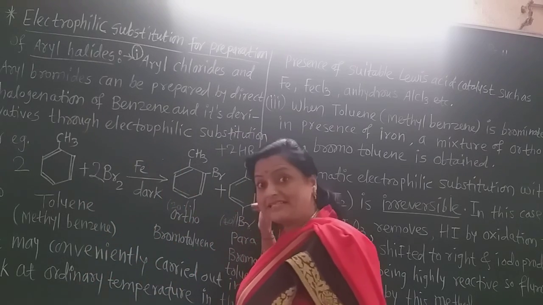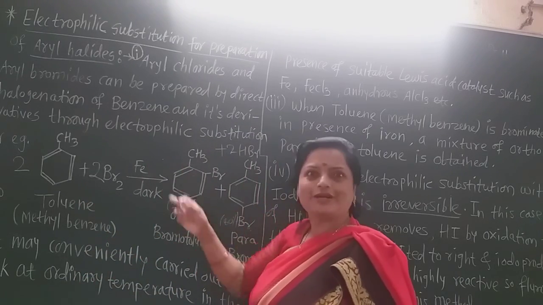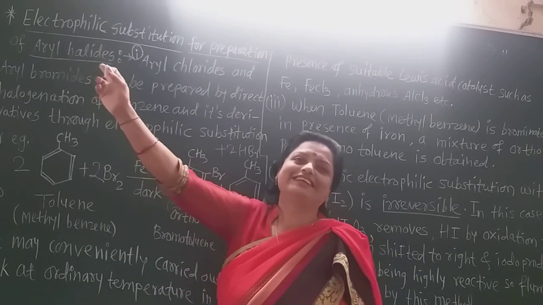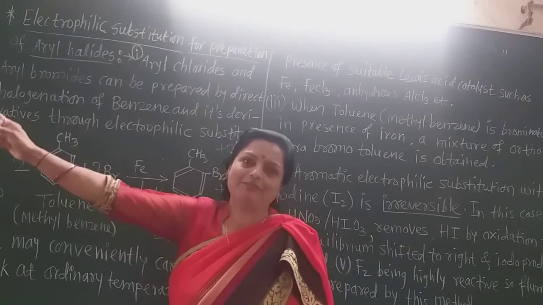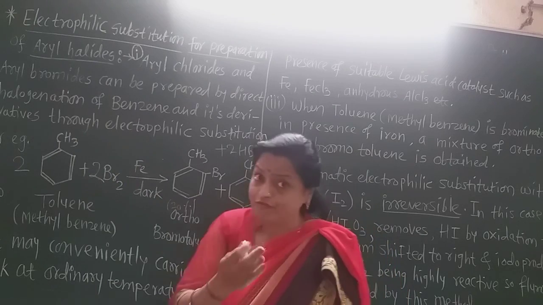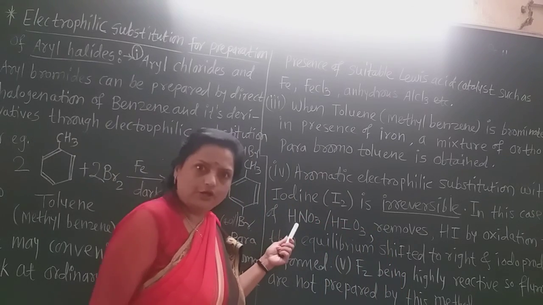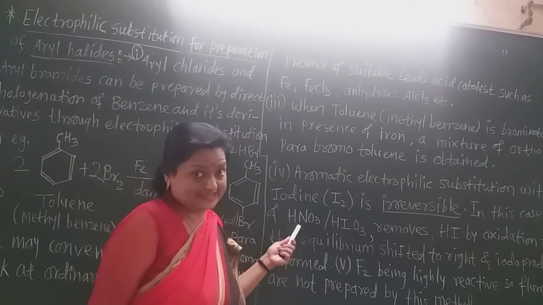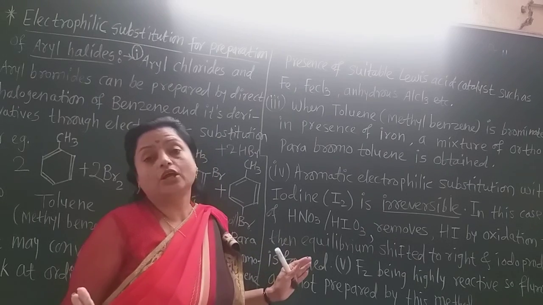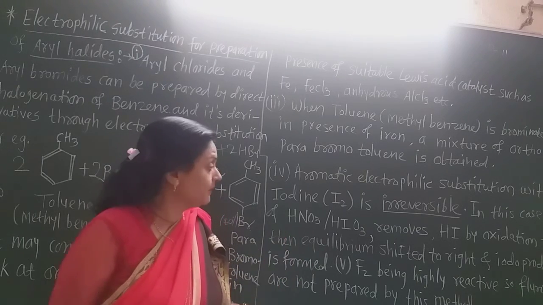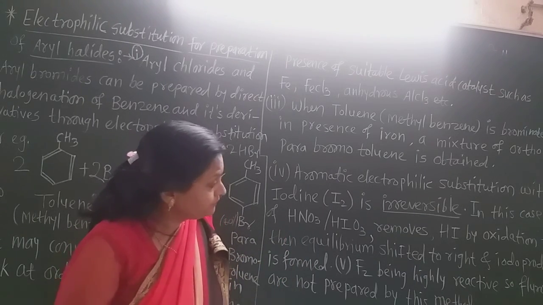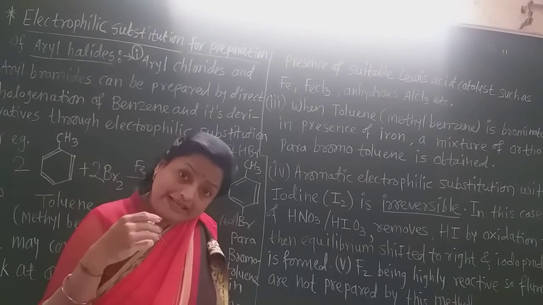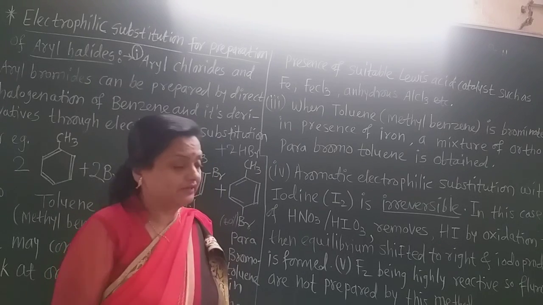Equilibrium shifting to the right means only the products are formed, not the reactants again. The equilibrium does not shift to the left; it always shifts to the right if we use the oxidizing acid. Remember that. The reaction is then not reversible, it becomes irreversible.